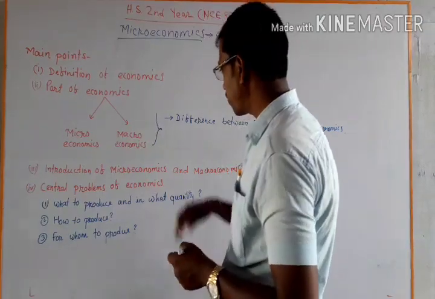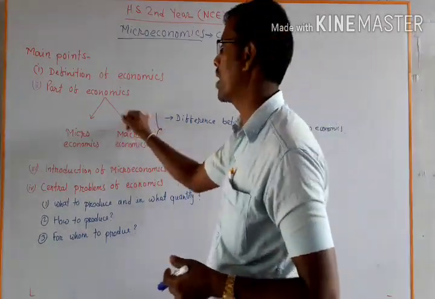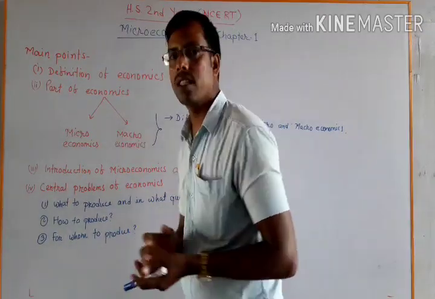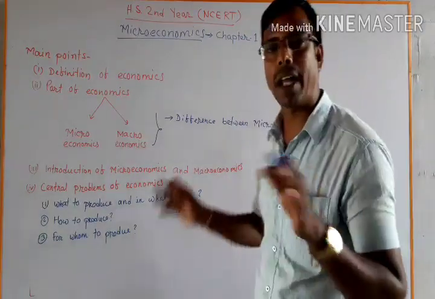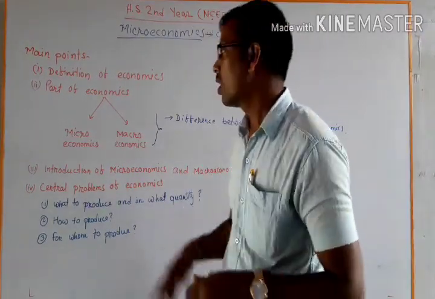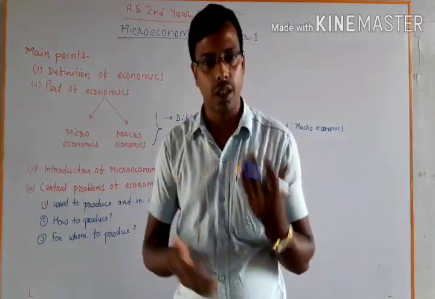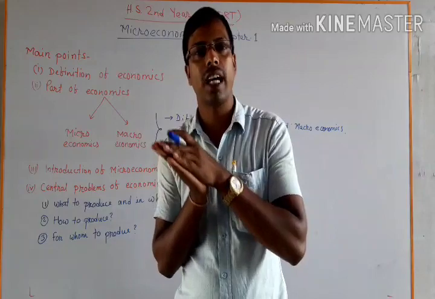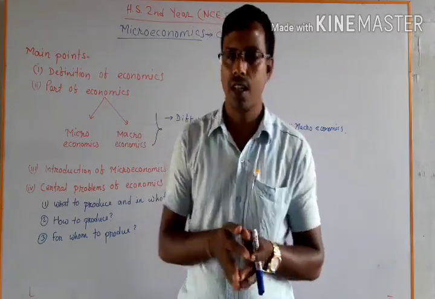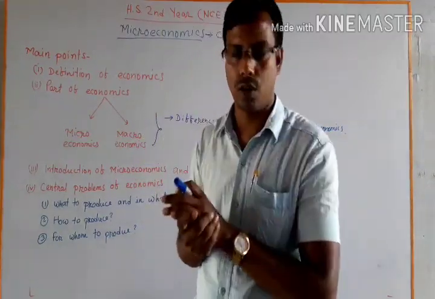Some questions are always given on the basis of microeconomics and macroeconomics, their definitions, the difference between microeconomics and macroeconomics. The difference is that microeconomics deals with individual economic problems, whereas macroeconomics deals with the economic problem as a whole.